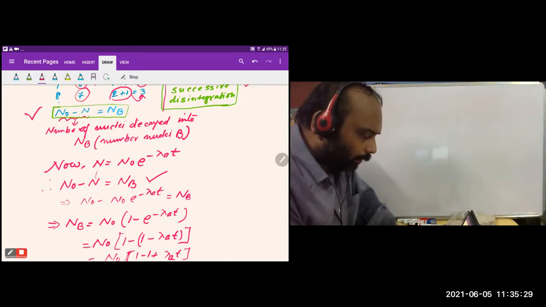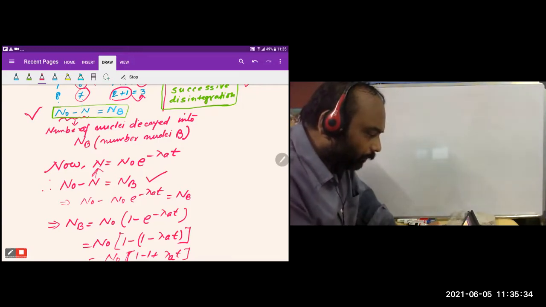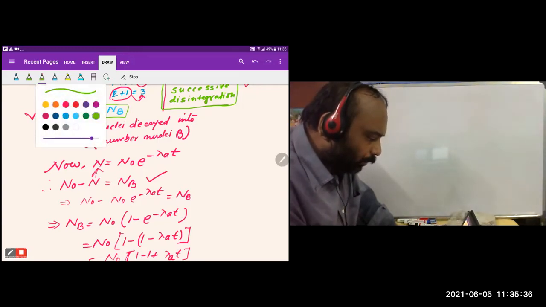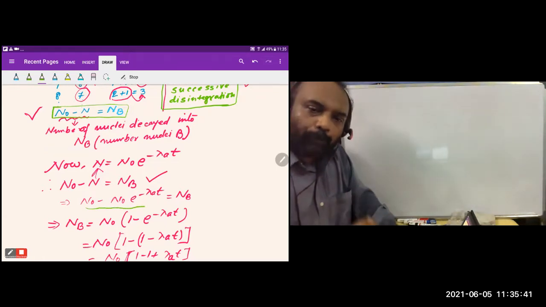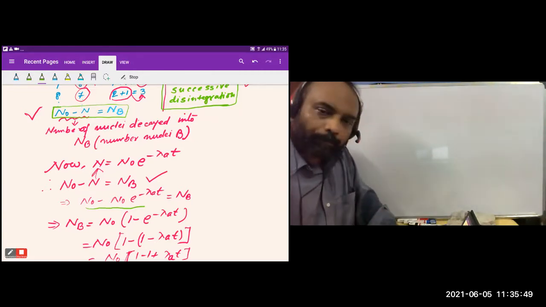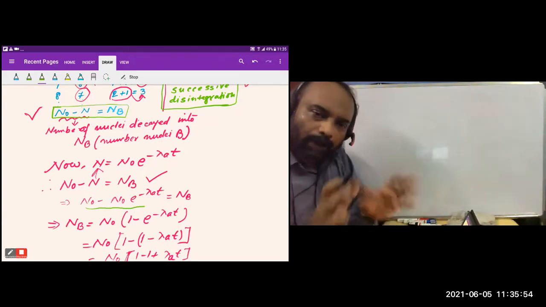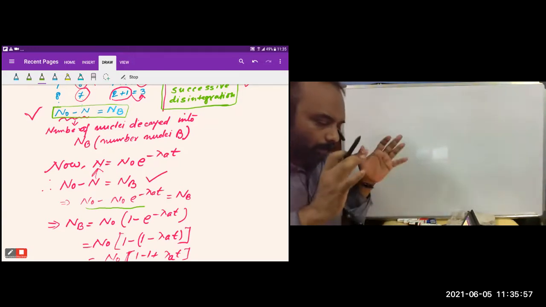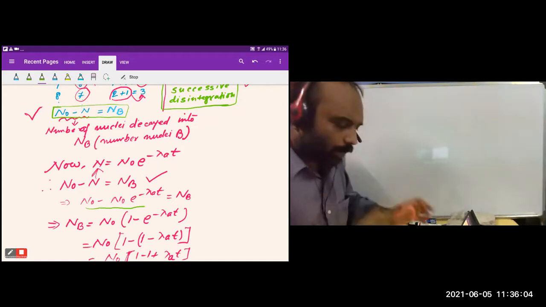Putting the value of N into the relation, I get N0 minus N0 times e to the power minus lambda A t is equal to NB. Therefore, NB is equal to N0, taken outside of the bracket, times 1 minus e to the power minus lambda A t.